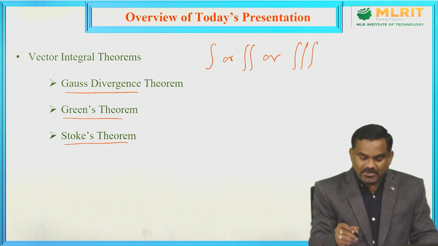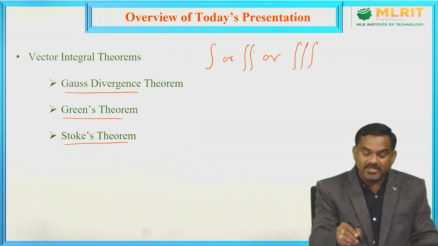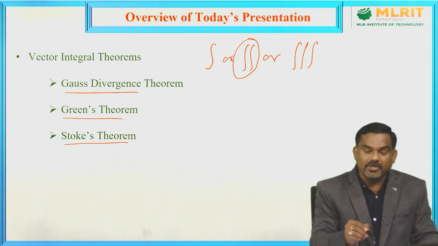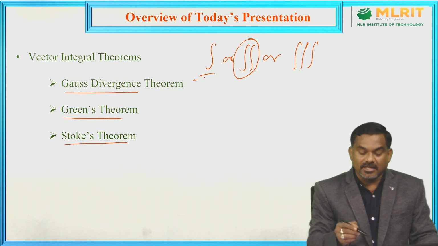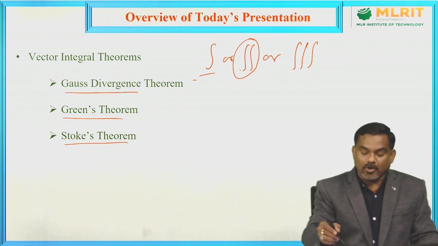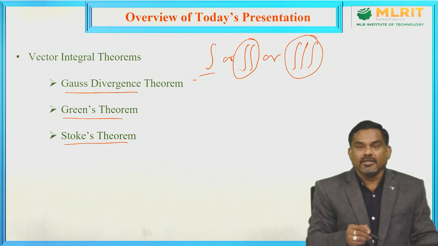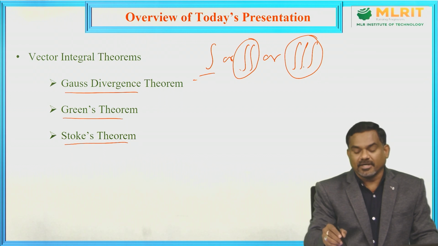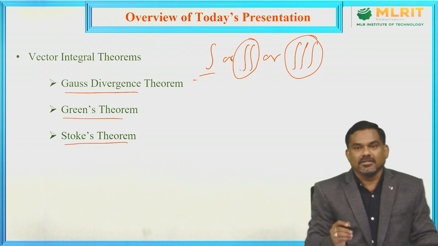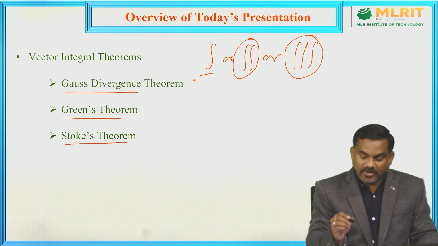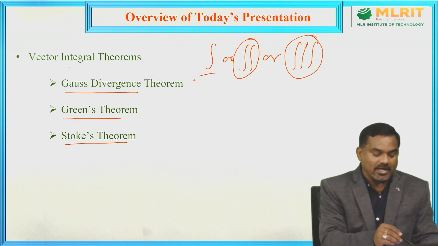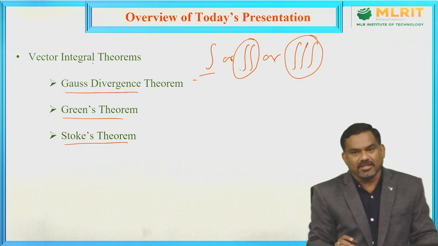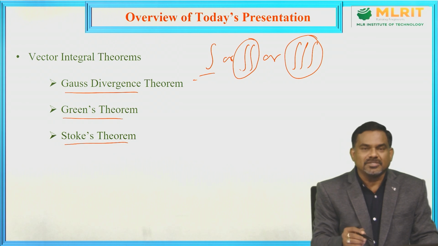For example, sometimes it may be easier to evaluate a double integral when compared to a single integral. Similarly, for some particular problems, it may be easier to evaluate a triple integral when compared to line and double integrals. In such cases, we take the help of vector integral theorems, using which we can transform one form of integral to another form.